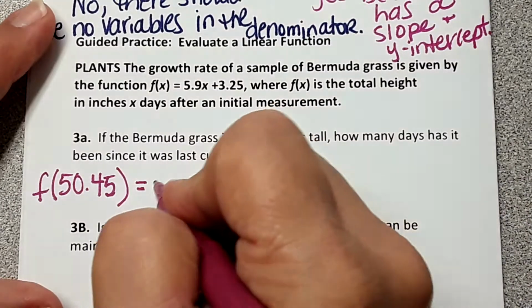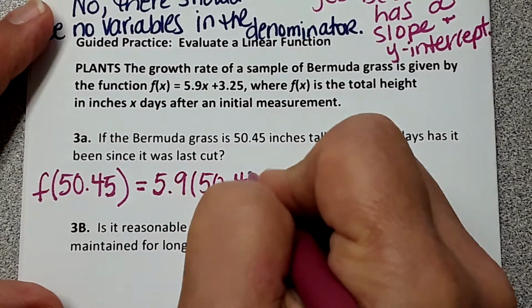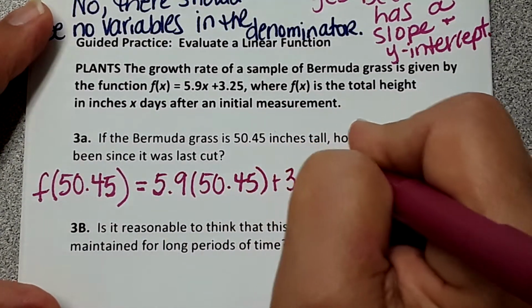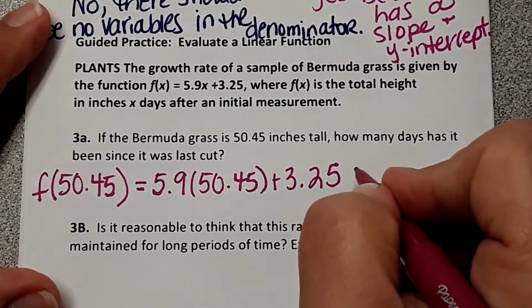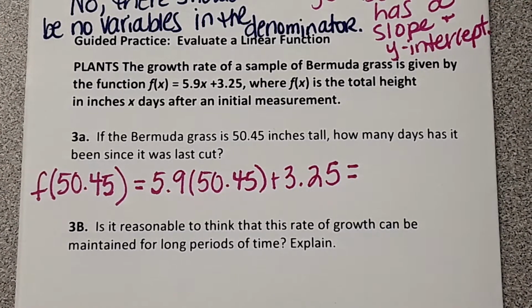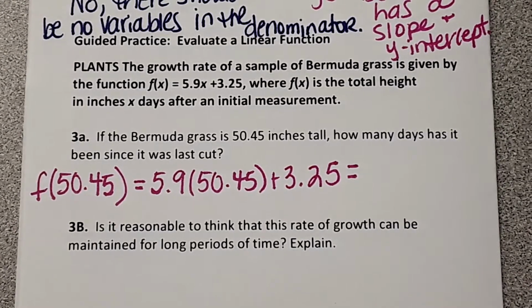So we're going to put in 5.9 times 50.45 plus 3.25. Okay, so since its initial cut, how many do you think?